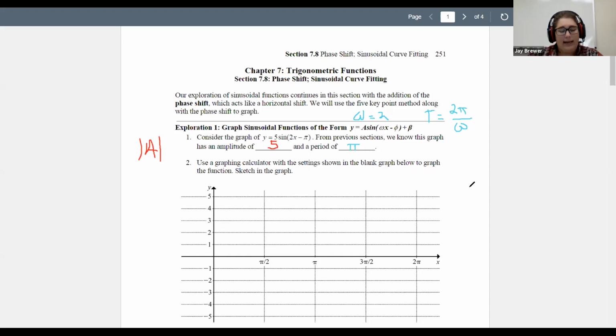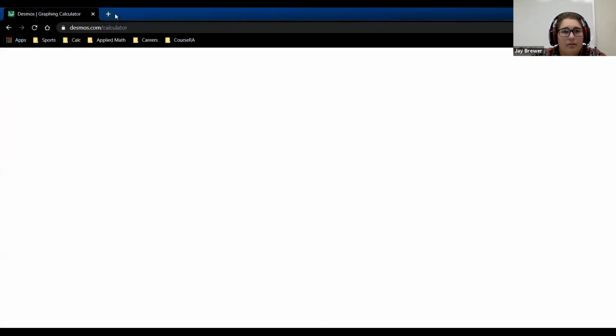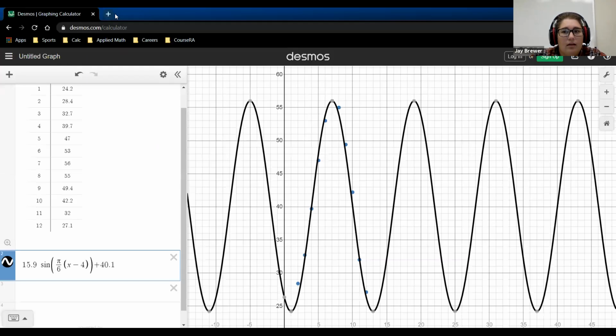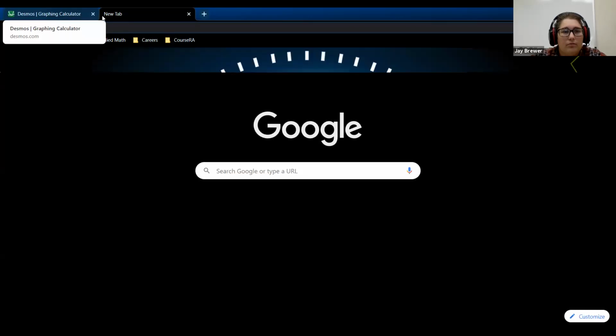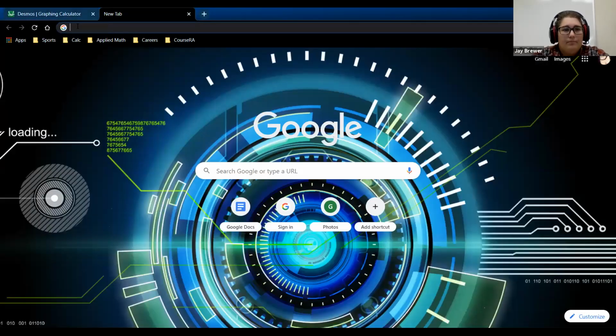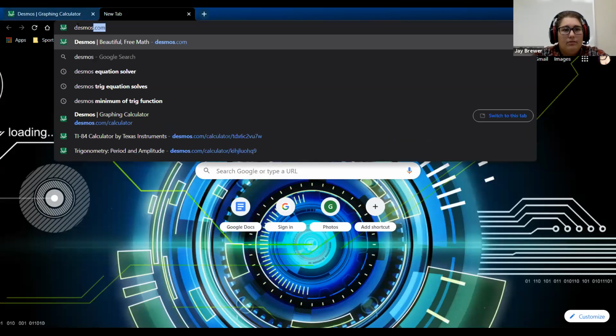Okay. Now, on my teacher notes, you will see a not perfectly drawn function, but I would like you guys to see it a little bit better. So we are going to go over to Desmos. I'm going to do a new Desmos because that is for later.